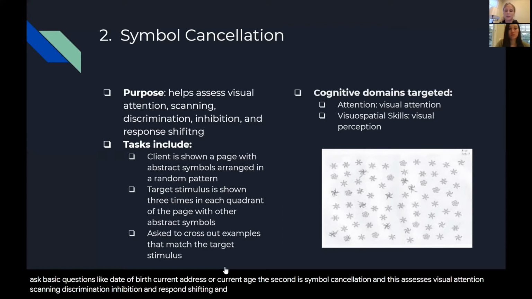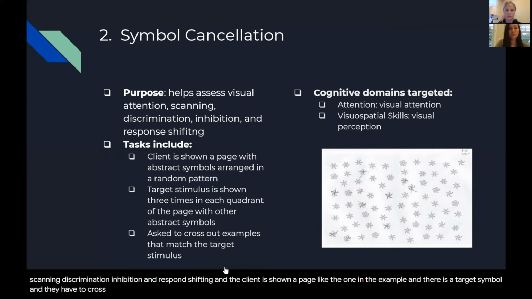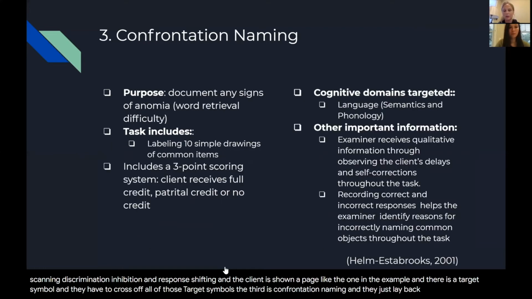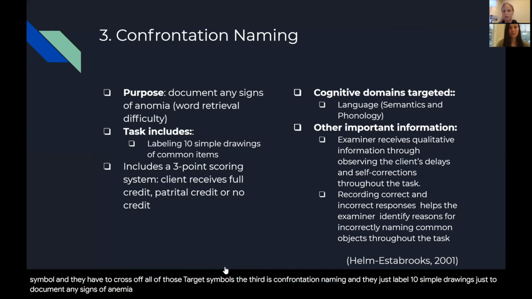The client is shown a page like the one in the example, and there is a target symbol, and they have to cross off all of those target symbols. The third is confrontation naming, and they just label 10 simple drawings to document any signs of anomia, which is a word retrieval difficulty.